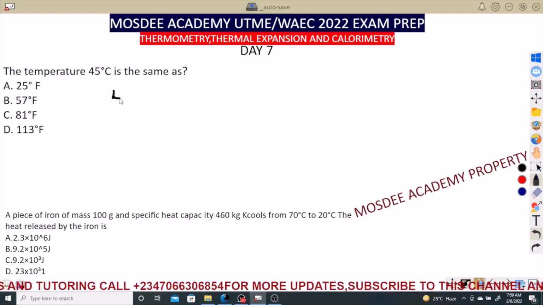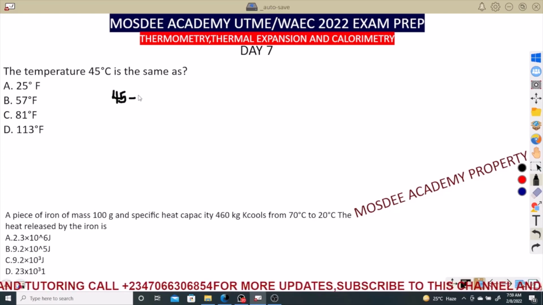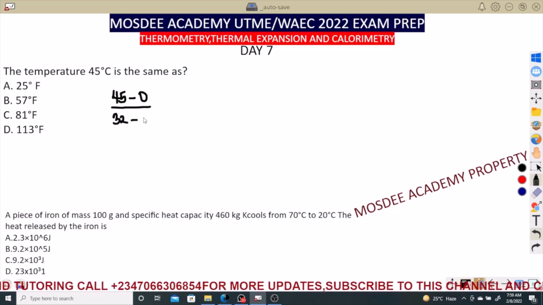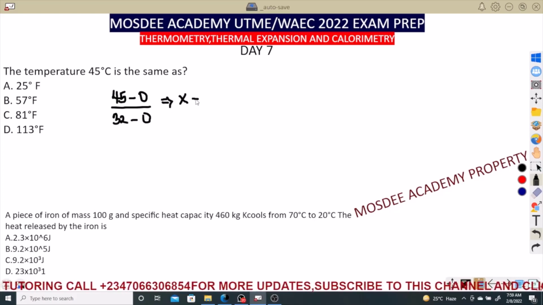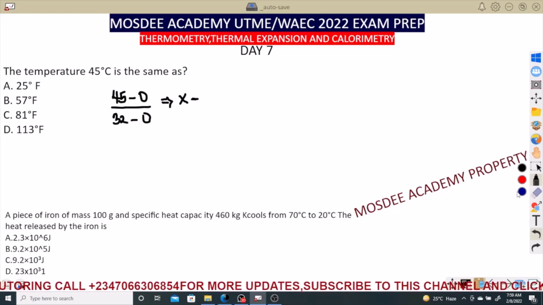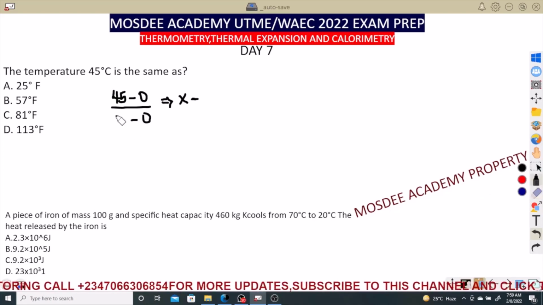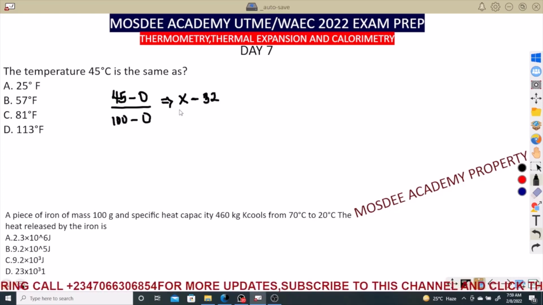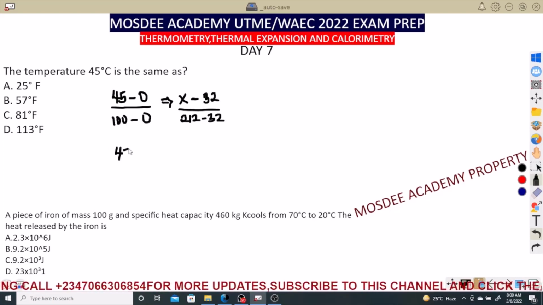We say the temperature 45 minus the lowest point in degrees Celsius, which is 0, over the highest point in Celsius minus the lowest point, which is 100, must equal the temperature in Fahrenheit, x, minus the lowest point in Fahrenheit, 32, over the highest point, 212, minus 32. So on simplification, we have 45 over 100.